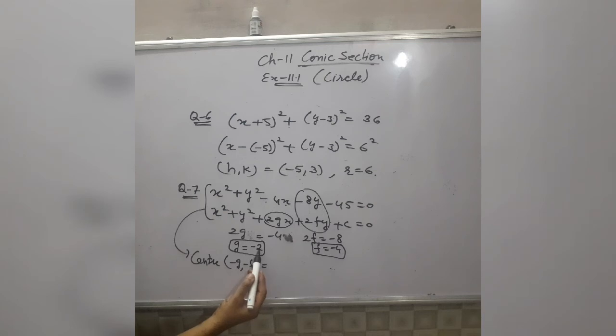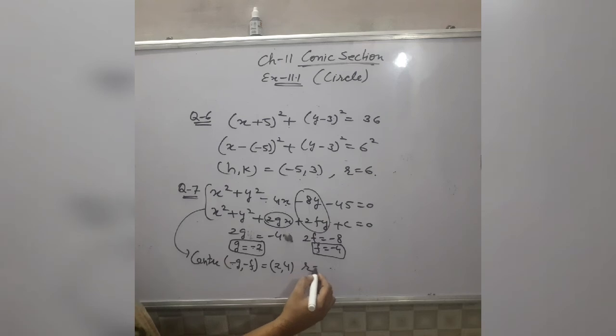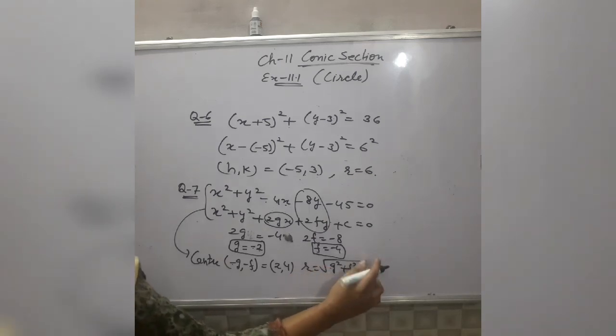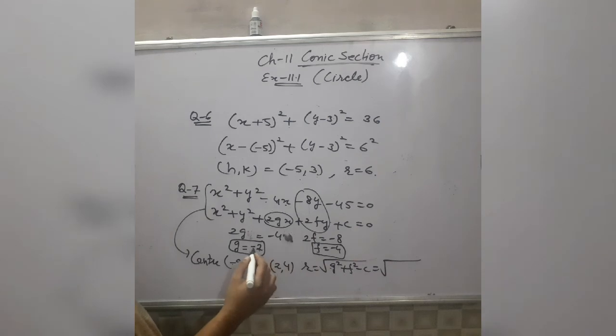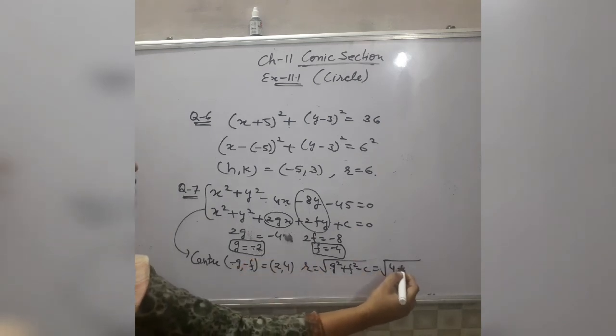In this form, the center will be minus g comma minus f. So what is the value of g? Minus 2. Already a negative sign is there, and according to this formula, if you take one more negative sign, then minus minus becomes plus. So the center coordinates will be 2 comma 4. Now the radius. The formula for the radius is root of g square plus f square minus c. What is the value of g? G is minus 2. Square of minus 2 is 4.